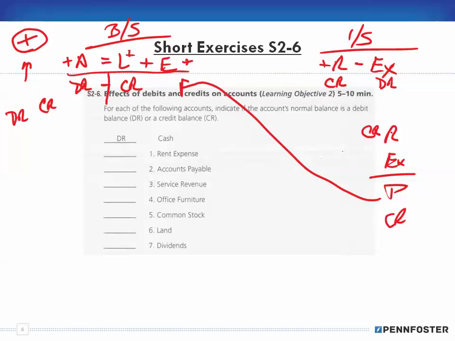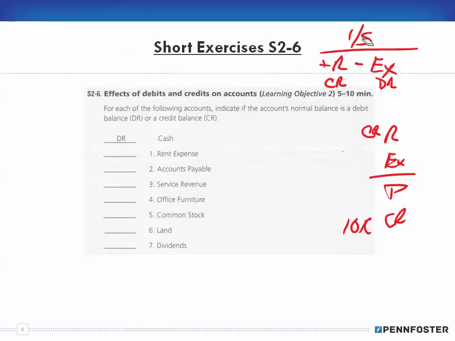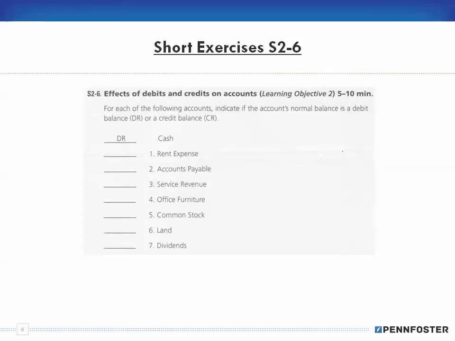So by having revenues being a credit and that profit, if I had equity of say 100,000 and I just had a profit of 10,000, right? Well, I'm increasing my equity to 110,000, which is a credit because I'm increasing on the credit side, okay? So that's why revenues are a credit. So that's the theory behind normal balance. It's what increases the category, the what being a debit or a credit, right?